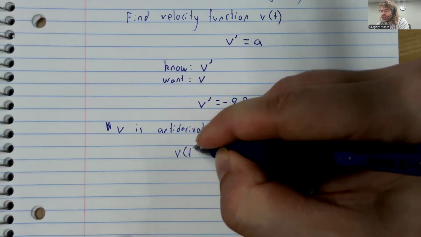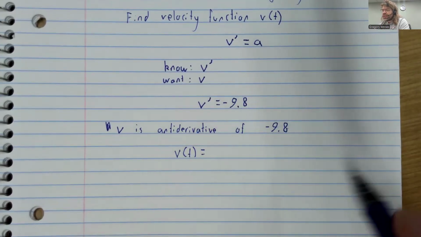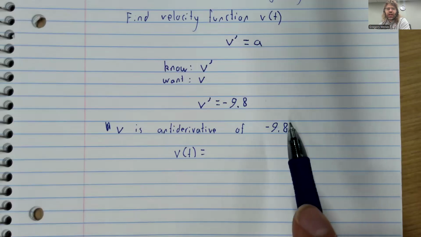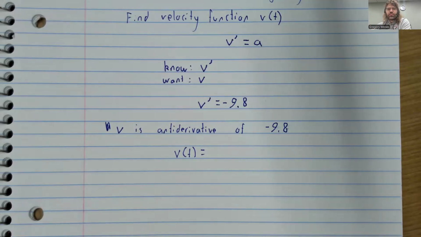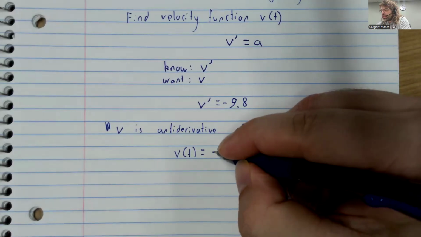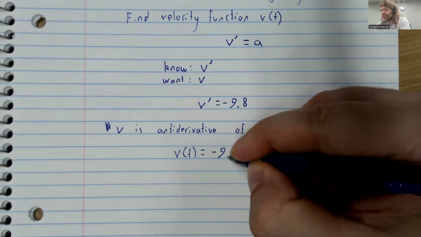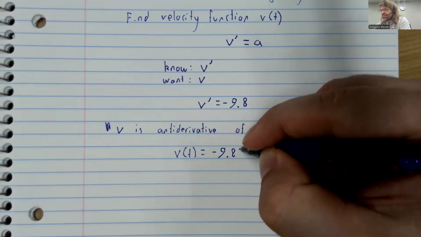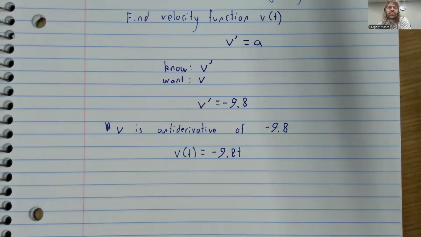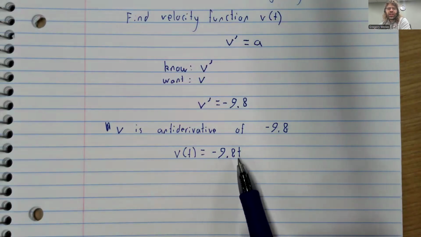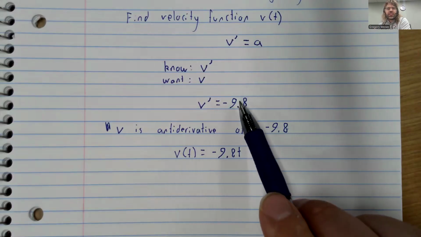So we want a function whose derivative is negative 9.8. And we think a bit, and we eventually say negative 9.8 times t would do it. The derivative of negative 9.8 times t is negative 9.8.